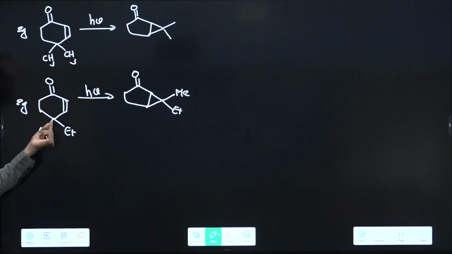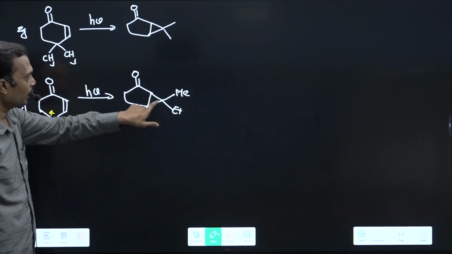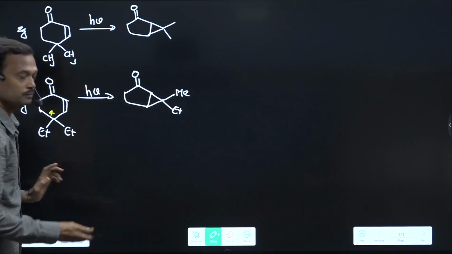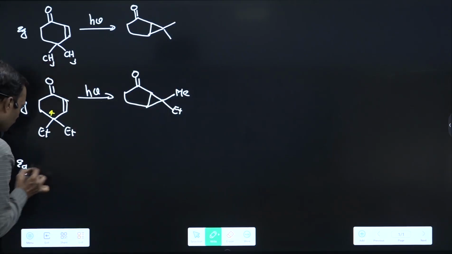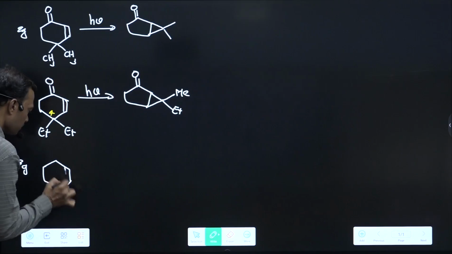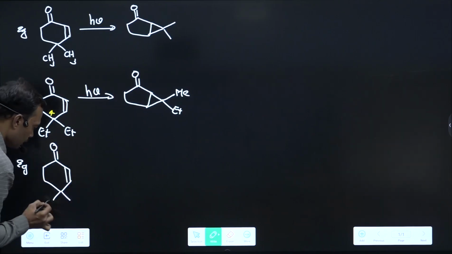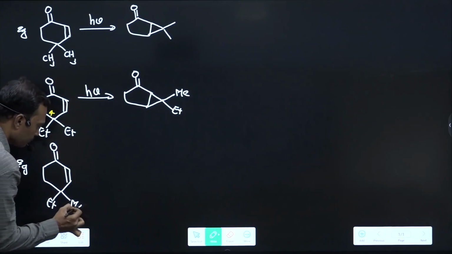If it is 4,4-disubstituted cyclohexenone, if these two are aliphatic, then you get a 5-membered and 3-membered ring carrying the 2 substitutions. So it may be identical or non-identical substitution, your answer remains the same. See, here I am writing ethyl and here methyl.